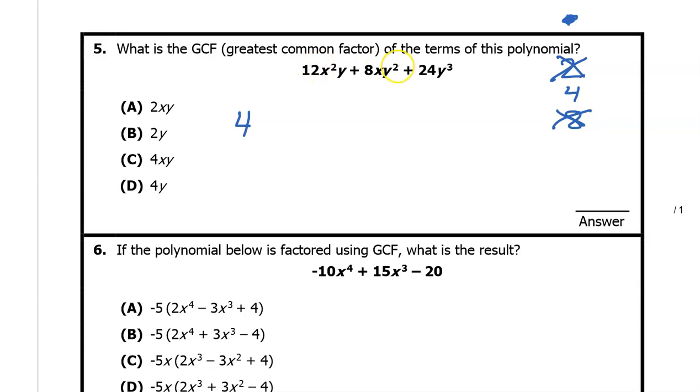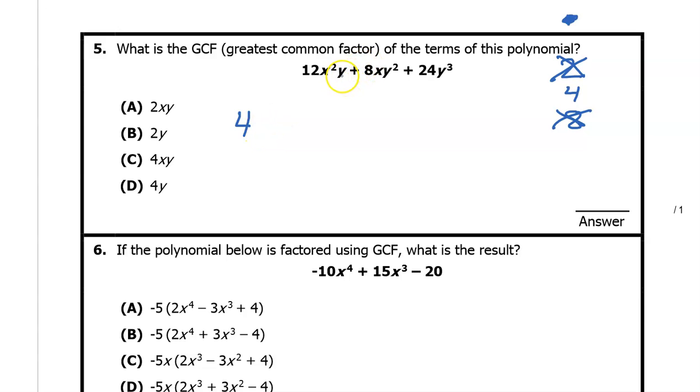The variable part is easier. You look at each term and you go with the smallest amount of each variable. For example, with the x's, the first term has 2 x's. The second term has 1 x. The third term has no x's. So the GCF will have no x's because that's the smallest amount of x's.